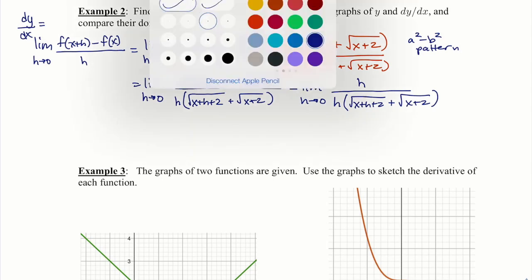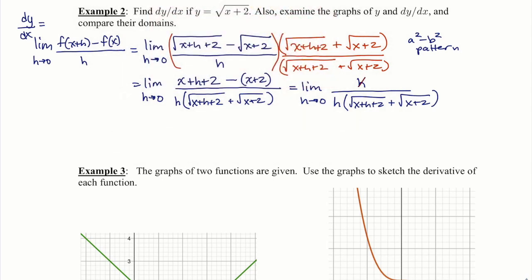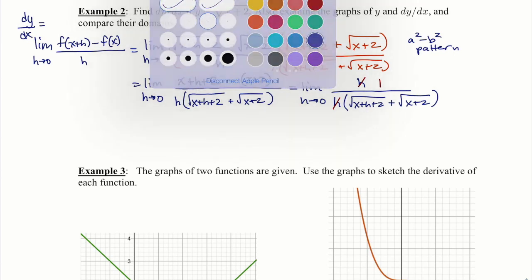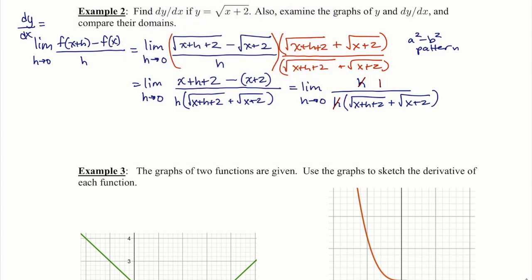And now I'm at the spot where I can reduce this h over h and make a 1 in the numerator. And I'm also at the point now, once I've done that, where I can do a direct substitution, and I'll drop my limit as h goes to 0 because I'm actually substituting h equals 0. And I will have 1 over square root of x plus 0 plus 2 plus square root of x plus 2.